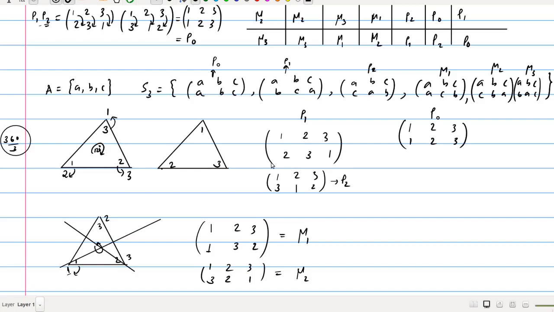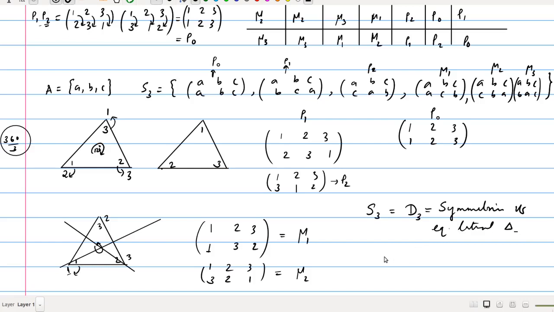So this S3 is also denoted by D3. What is D3? D3 is the permutations obtained using the symmetries of the equilateral triangle.